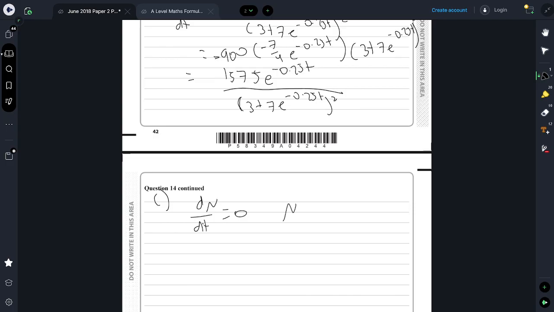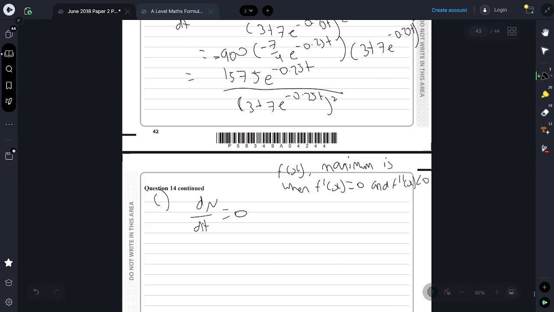You're not saying that the rate of change is a stationary point; you're saying that dn by dt is maximized. Now, what does it mean to maximize a function? Because this is a function, right? It's still in terms of n at the end of the day. So how do we maximize a function? Say we have f of x. Maximum is when f dash of x is 0, the first derivative, and the second derivative is less than 0.